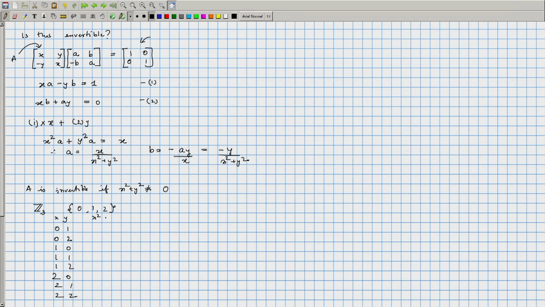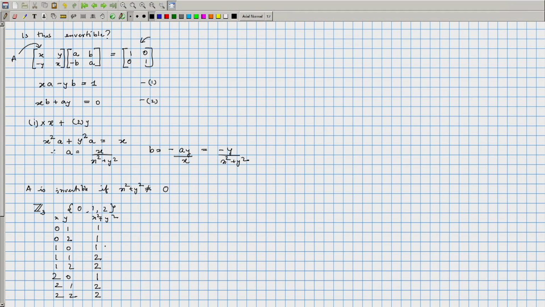And x square plus y square, all computed mod 3, is 1, 1, 2 (1 square plus 2 square is 5 mod 3, that is again 2), 1, 2 square is 4 plus 1, 5, so this is 2, and 8 mod 3, that is again 2. So, none of these are equal to 0.